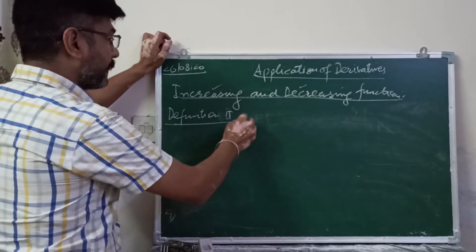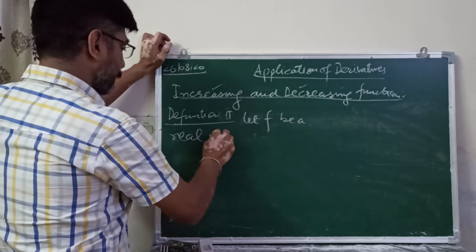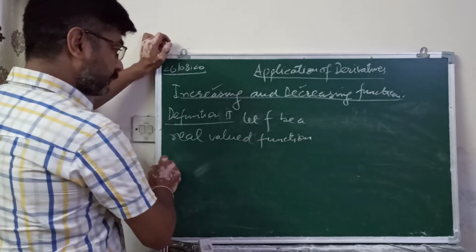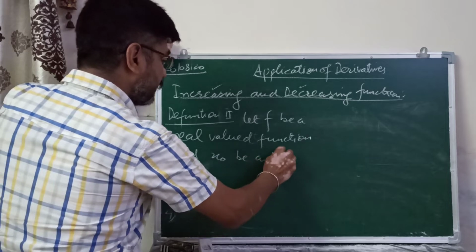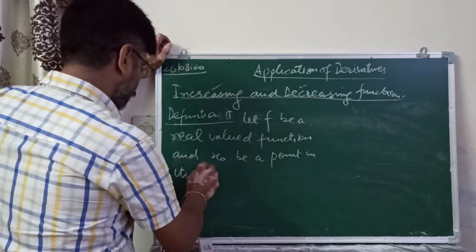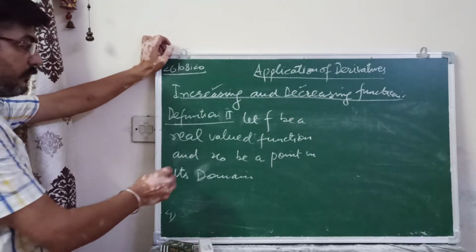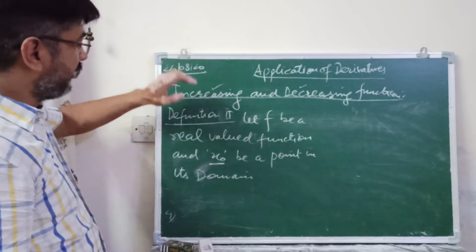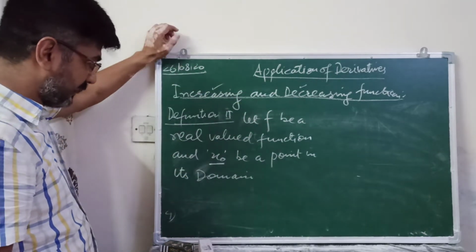Definition 2. Let f be a real valued function and x0 be a point in its domain. Now we are given only a point, not an interval. Then we can find whether f(x) is increasing or decreasing at this point in the domain.